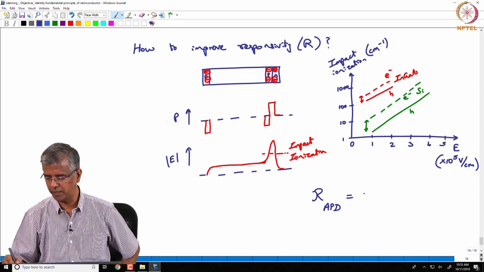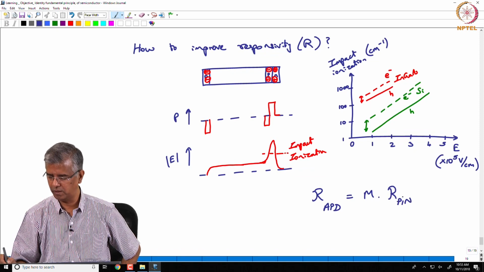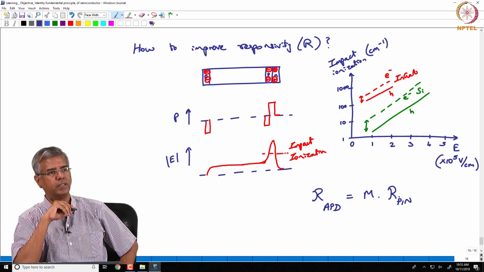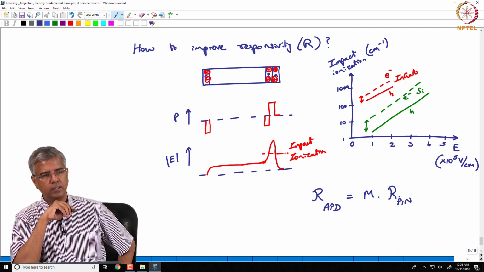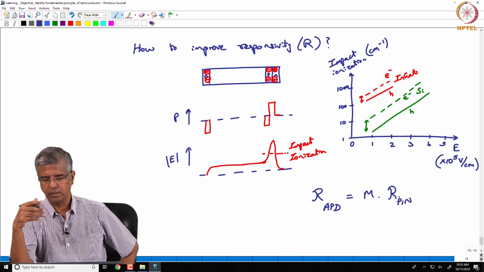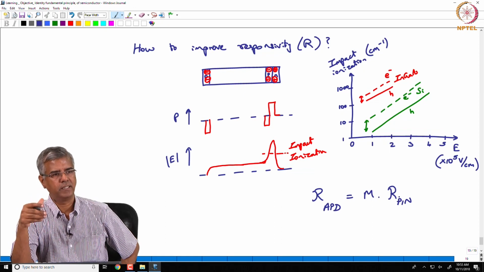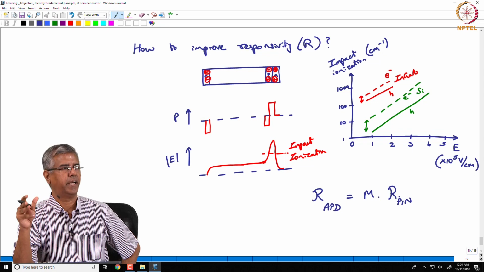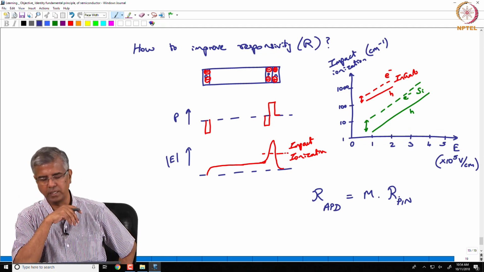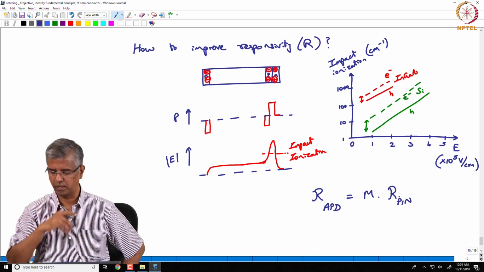That avalanche photodiode is going to have m times the responsivity of a PIN photodiode. So, the process of impact ionization creates an avalanche of carriers, and so that is why it is called avalanche photodiode.